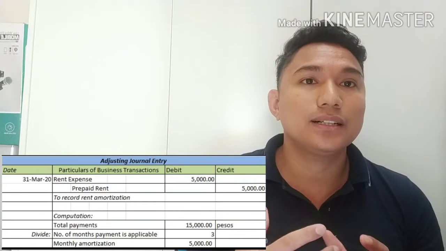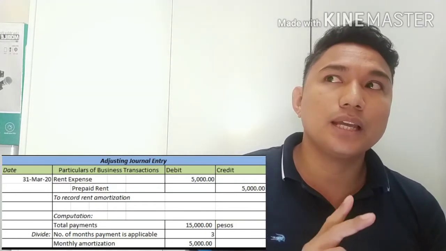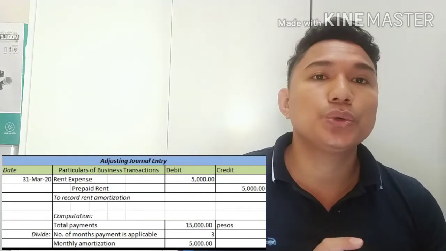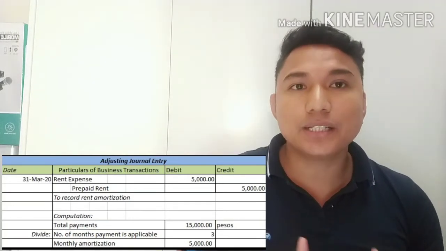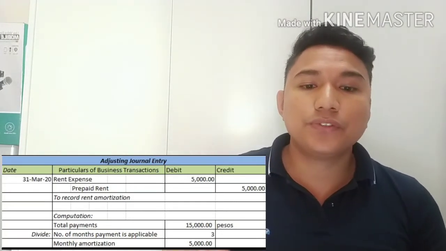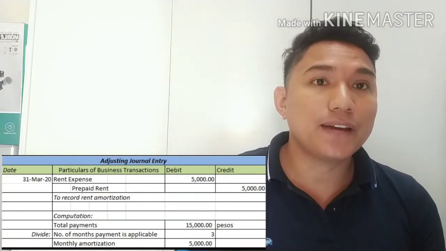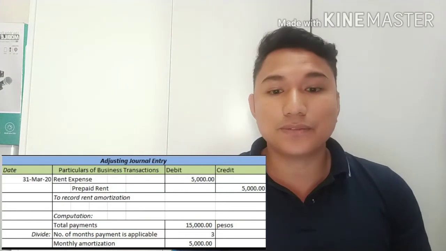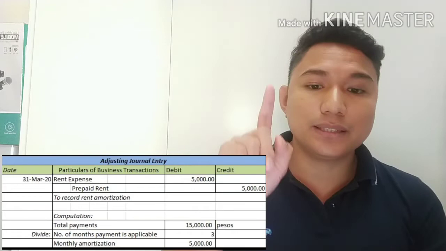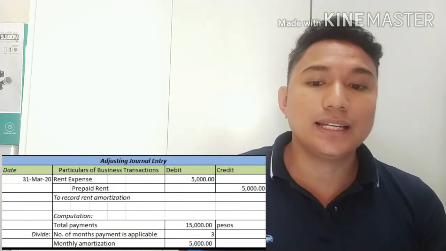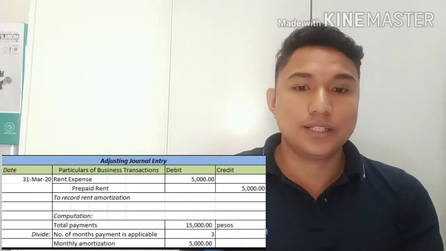That is for March, April, and May, up to May 30, 2020. Since it's already March 31, we have used 1 month. So 15,000 divided by 3 months gives a monthly rent expense of 5,000. Since we have already used the 5,000 for the month of March, we have to recognize the expense. We have to debit rent expense 5,000 and credit prepaid rent 5,000. So that's it.